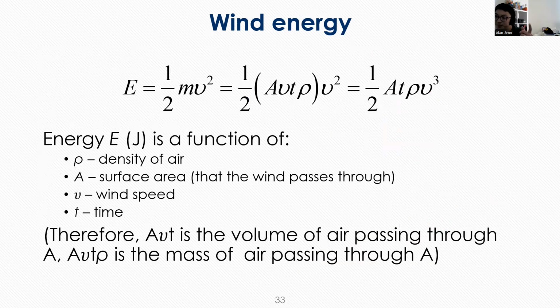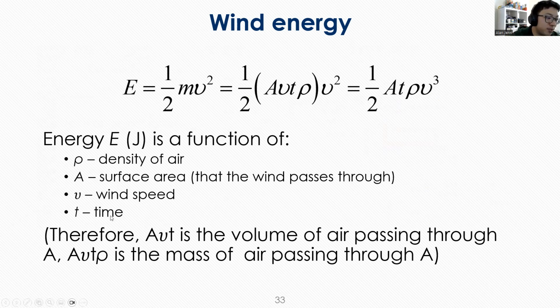So similar to the whole thing with the hydropower, the wind energy you can calculate based off of our equation for kinetic energy. So 1/2 mass times velocity squared. You can get the mass of the wind, which is just the surface area that the wind is passing through times the velocity times the density of air, and that'll give you the mass.